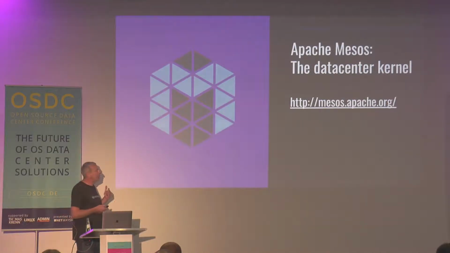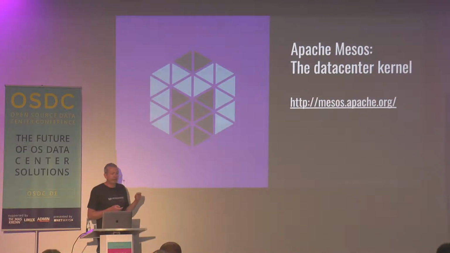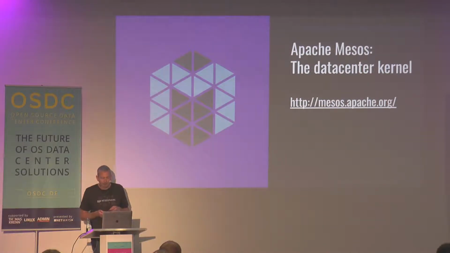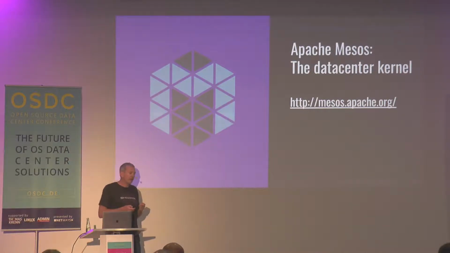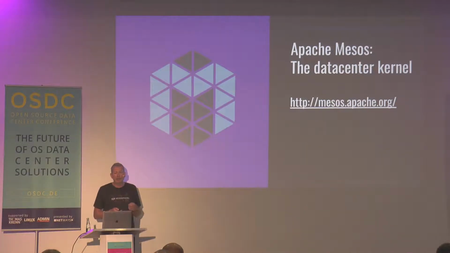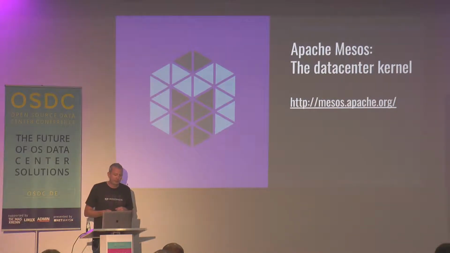And one of the most mature approaches to this problem, and one that's particularly well suited to that idea of running multiple distributed systems within a single substrate, is Apache Mesos. And you can think of Mesos as a distributed kernel. So a lot like the Linux kernel, it's responsible for low-level task scheduling. But you can also think of it as a distributed system for running other distributed systems.